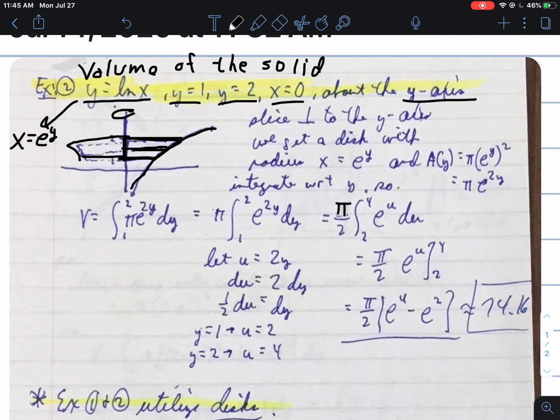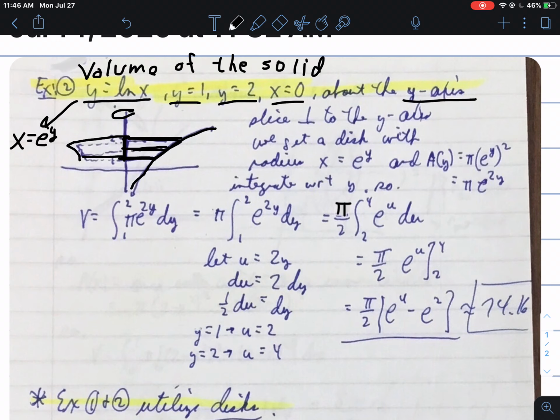Now, like I told you earlier, whatever the axis of rotation is, you're always going to slice perpendicular to your axis of rotation. That way your cross-section is always going to be a circle, because you're taking a curve and spinning it in a circular fashion around your axis of rotation.